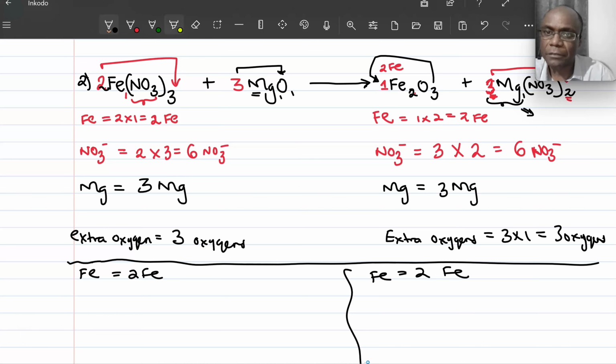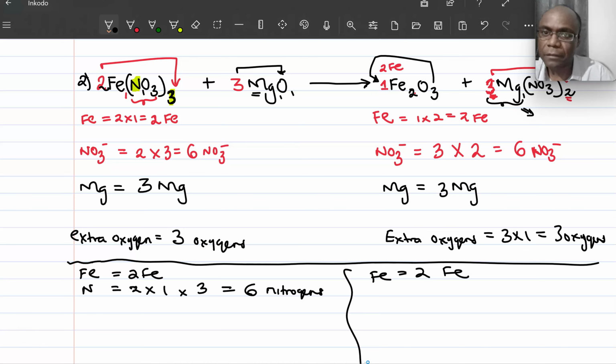Just focus on the nitrogen by itself. Nitrogen on the left side is 2 times the 1, the subscript on the nitrogen, times the 3, the subscript of the polyatomic ion. That's going to give me 6 nitrogens.